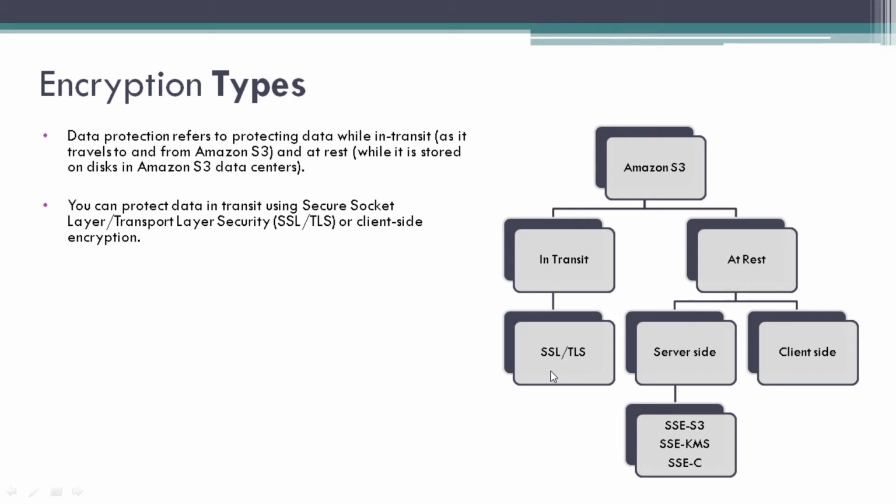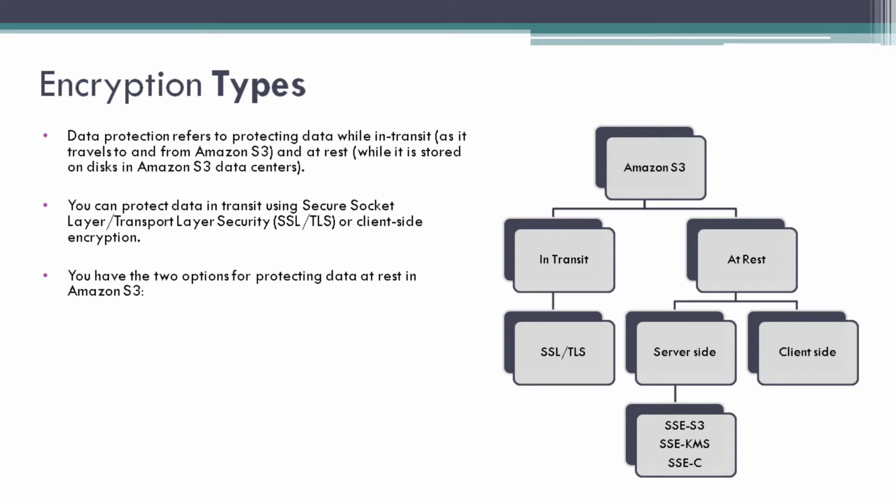With the help of SSL or TLS, you can protect your data while in transit to Amazon S3. You have two options for protecting data at rest in Amazon S3. If you want to use encryption at rest, meaning while your data is stored in Amazon S3, you want to store it securely.